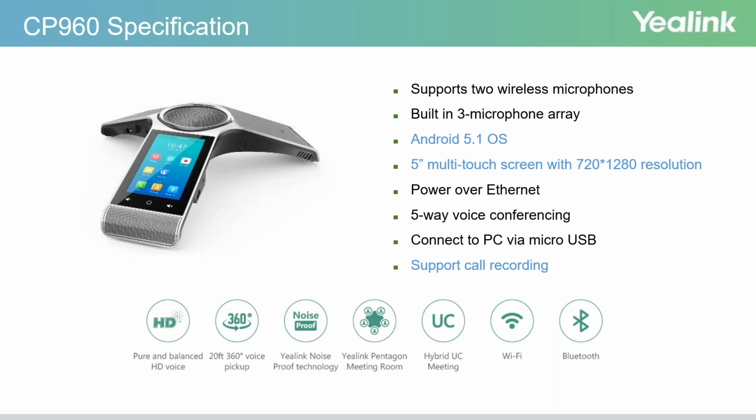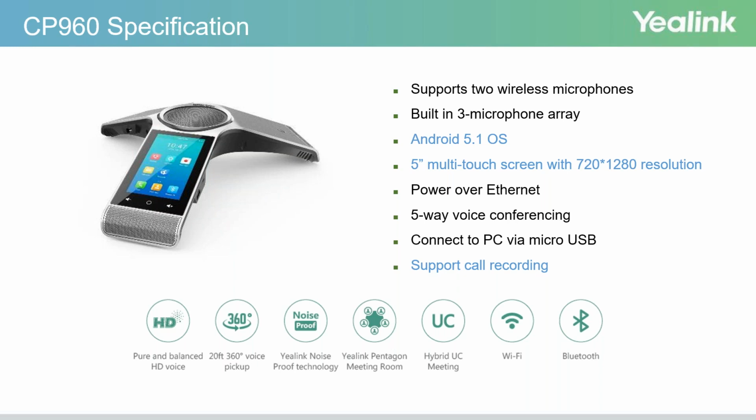A neat feature of the CP960 is the fact that you can connect a PC or a laptop via micro USB and leverage whatever applications or soft phones you might have on that device through the CP960. So it becomes a much more flexible and usable product and can be used in a variety of scenarios, but it enhances the experience of maybe a web-based meeting.